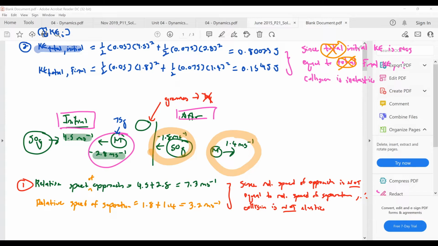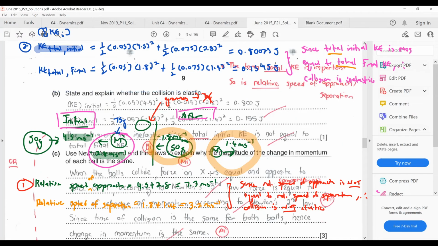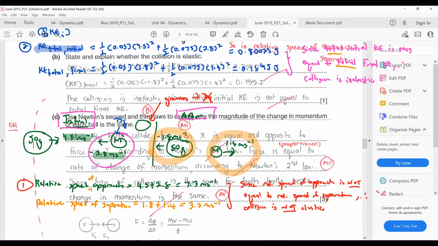The keyword here is total KE. So make sure that you have the word total. So this is two different ways in which you will evaluate whether a collision is elastic or not.